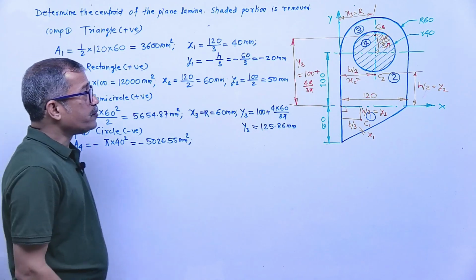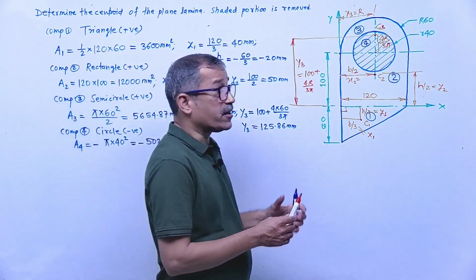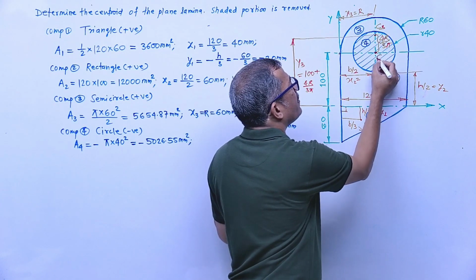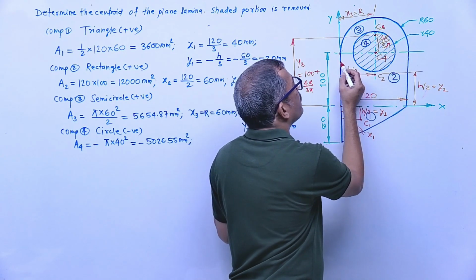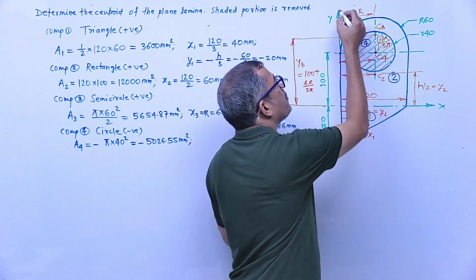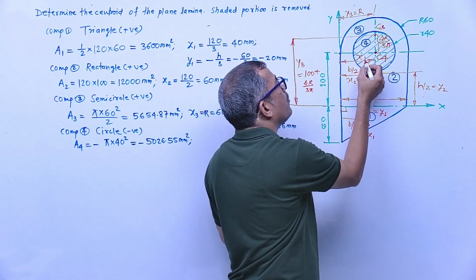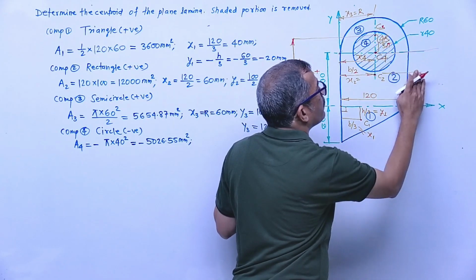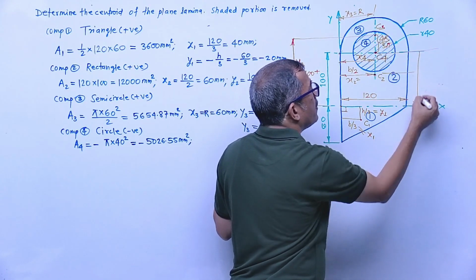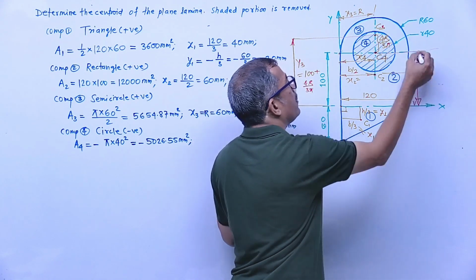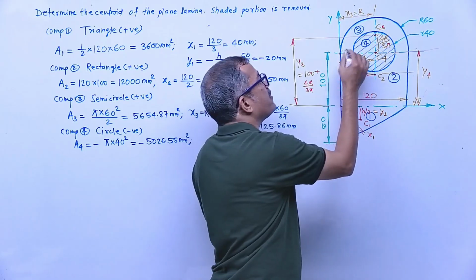5026.55. Where is the position of the centroid of a circle? For a circle it is easy, at its center. That means this one is C4. So this distance is the horizontal distance of the centroid from the y-axis, means for the fourth component it is x4, and the vertical distance, this one, is y4. y4 we will get directly, how much? 100. x is the radius.